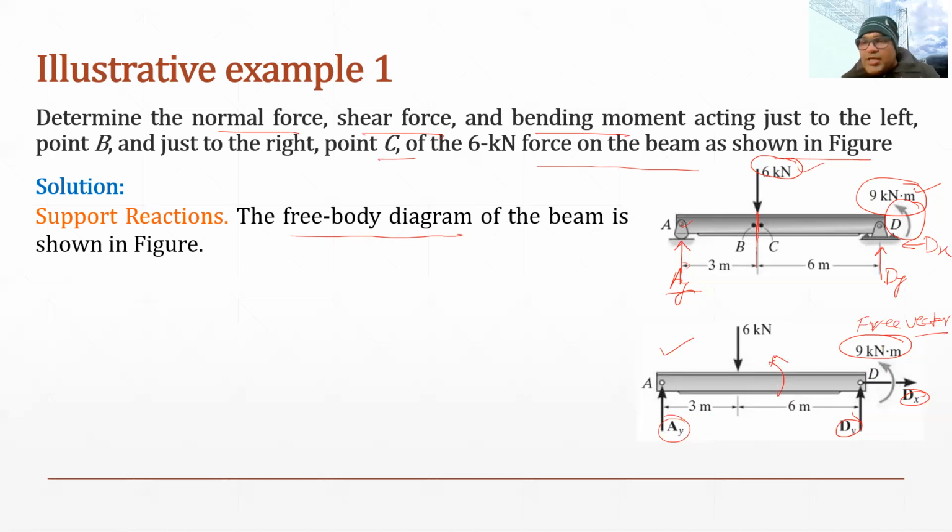So while calculating the reactions, there will be no effect if we place this couple moment anywhere within the beam. But that is the case only when we are calculating the support reactions. When we find the internal loading, this couple moment should be at its original position.